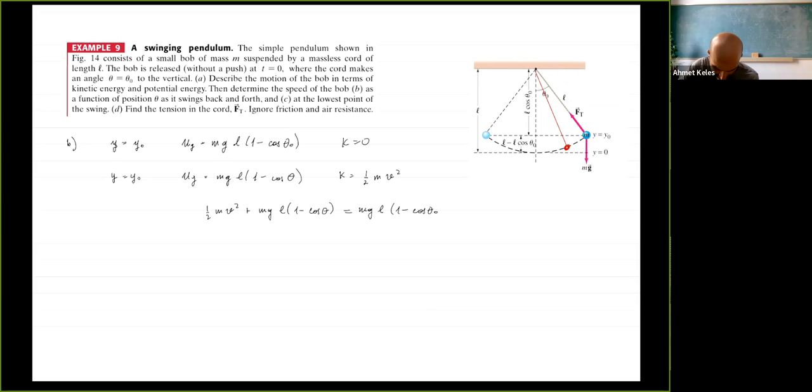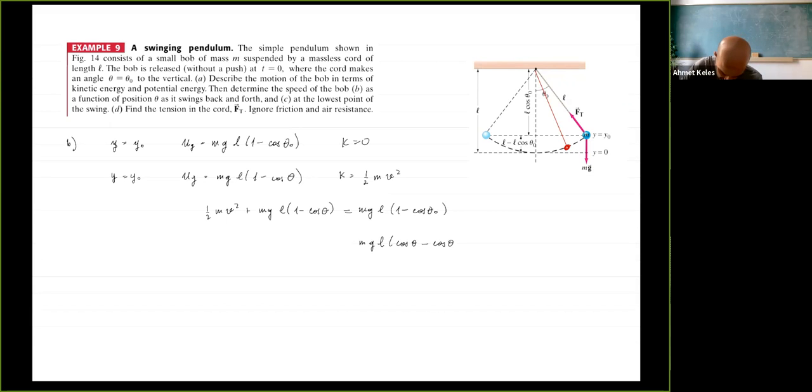And what I have here is, okay, I take this guy to here, and maybe I can combine. This is mgL(cosine theta minus cosine theta naught).